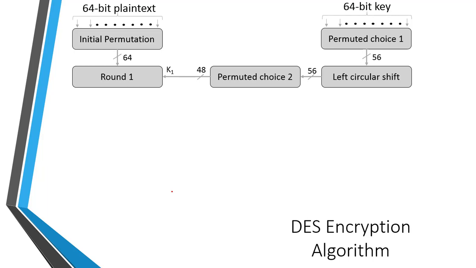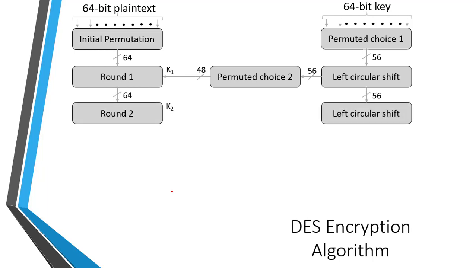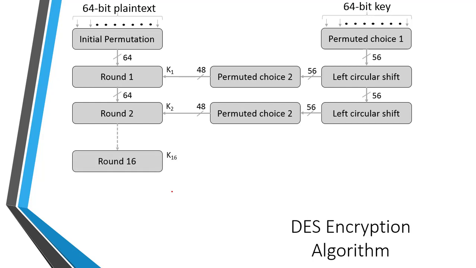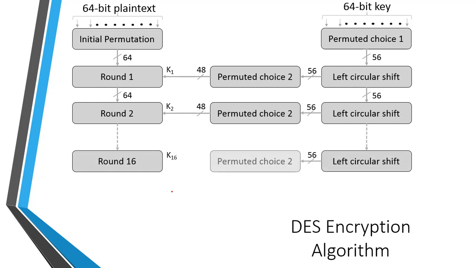So after performing the initial permutation on the plaintext, the key is given to round 1. In this way, all the rounds are performed. Here, after applying the left circular shift, the output of the left circular shift is given to the next round for generating the next round key. So it will generate K2. In this way, all the round operations are performed. And after round 16, the output of round 16 is given to the swap operation.